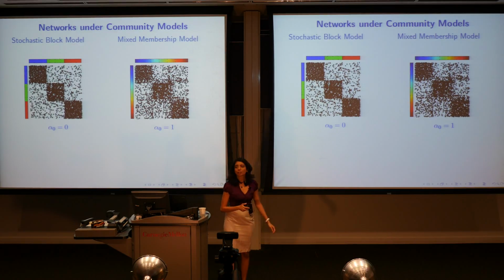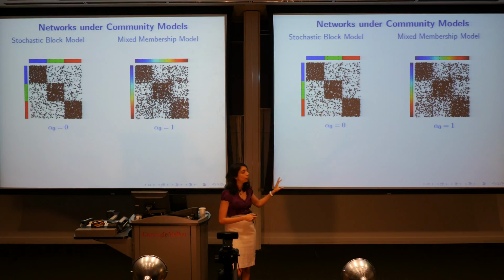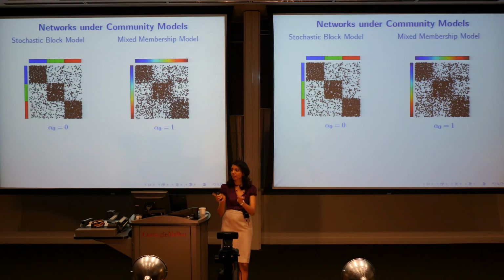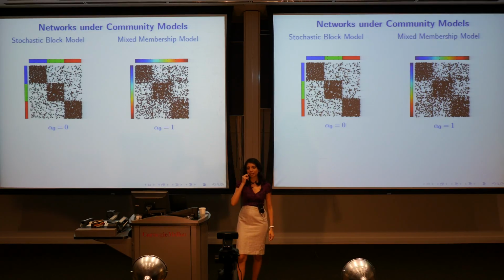But the picture gets more challenging as I have mixed memberships. So when I have nodes now, for instance, this Dirichlet parameter, I'm setting it to 1 in this case. I have these nodes which now are in multiple communities, right? And I'm just using this RGB configuration, where the color represents the membership in different communities.